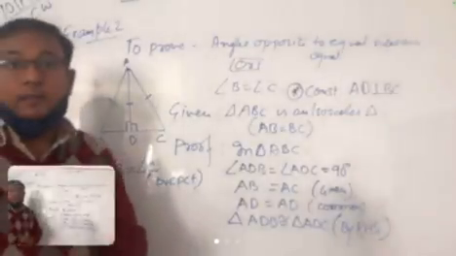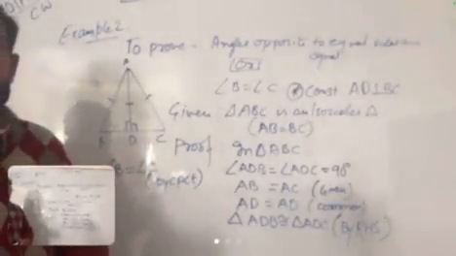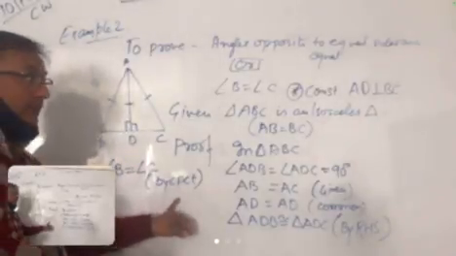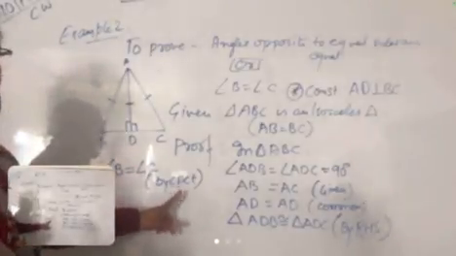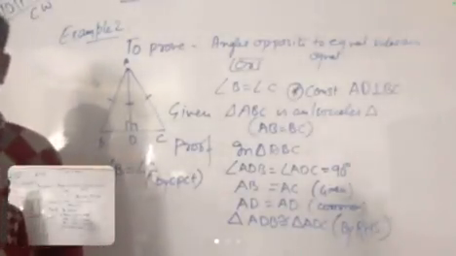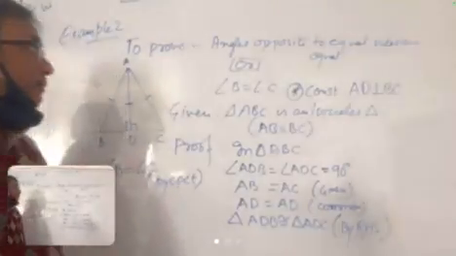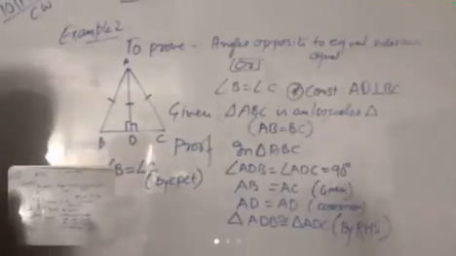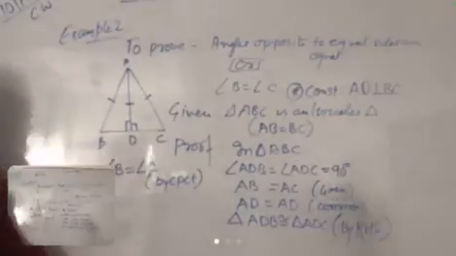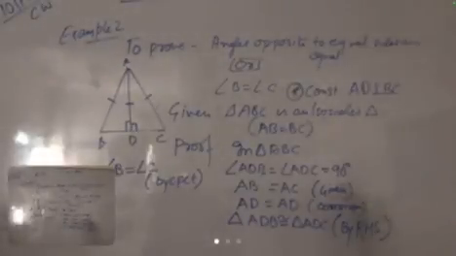Clear or not? If it is not clear, then please ask. Now the full form of CPCT is corresponding part of congruent triangle. Clear everyone? Copied?